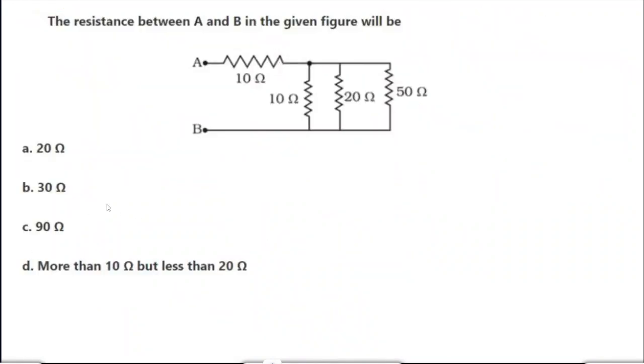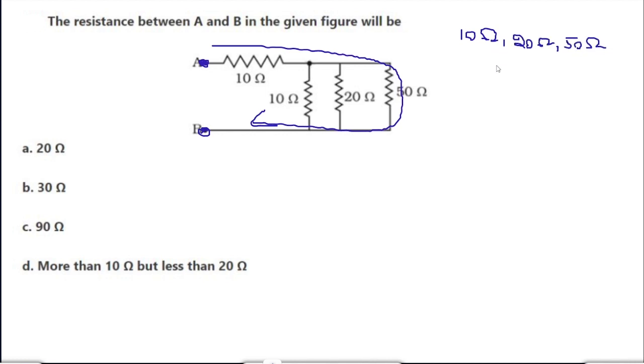Now next. Yes, here we have a circuit, and what they have asked here is simply the resistance between A and B in the given figure, right? Here it is A and here it is B, and the loop is going like this. In this, I can see 10 ohm, 20 ohm and 50 ohm.